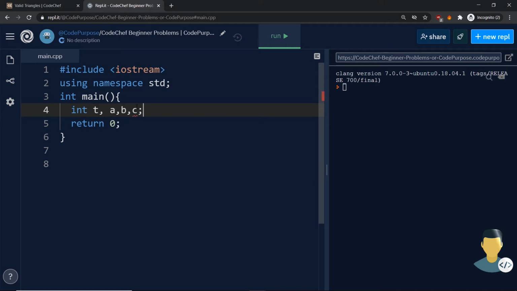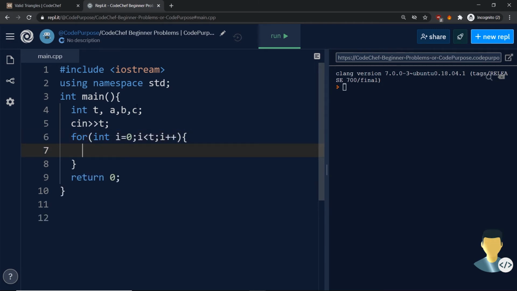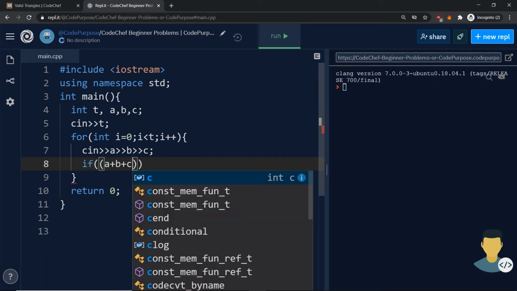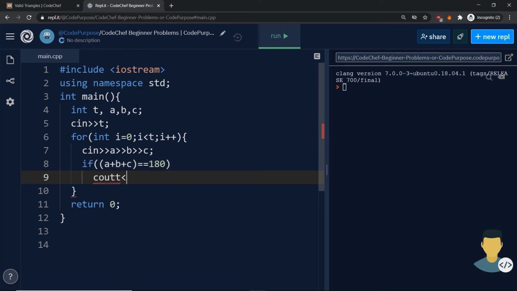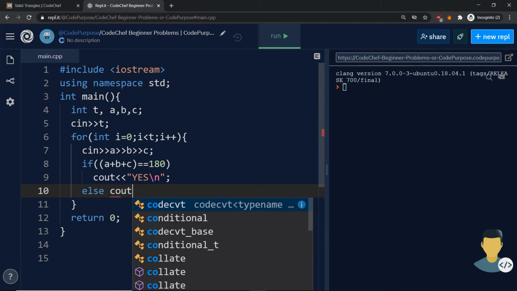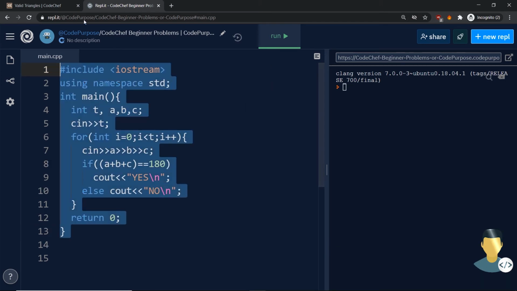T, A, B, C. Read the number of test cases, we write the for cycle that iterates T times, and read A, B, C, and we say if A plus B plus C is equal to 180, cout YES, new line, using the special character, and otherwise NO, and new line.